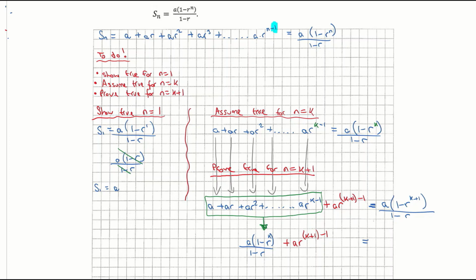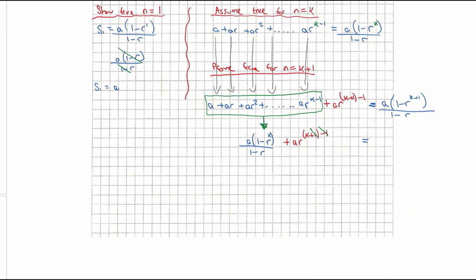My next step now is to hopefully see that this plus 1 and minus 1 can cancel out. So that's just leaving me then with a r to the power of k. So I have a times 1 minus r to the k all over 1 minus r plus a r to the power of k.